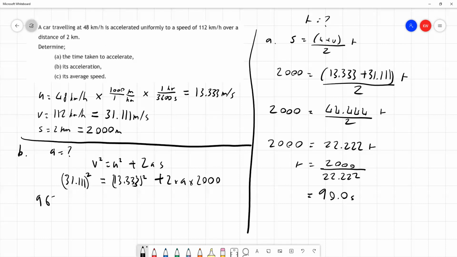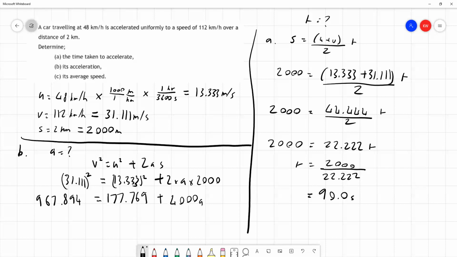So we're left with 967.894, that's 31.111 squared to 3 decimal places. And if we do the same for 13.333, and we square that to 3 decimal places, that's 177.769.